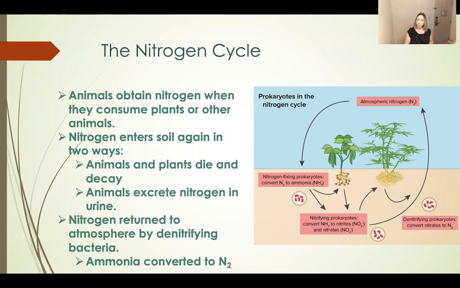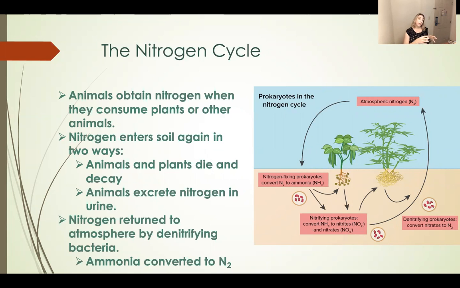Well, when animals and plants die and decay, that means decomposers break down the tissues, it puts the nitrogen back in the soil. Also, there's nitrogen in urea, which is in your urine. Now, once the nitrogen is in the soil, it can go back into the atmosphere by what are called denitrifying bacteria.